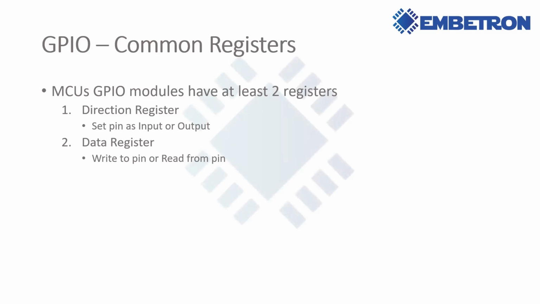Whereas in case of a push button or switch, which is an input device, to read the action that is done on the switch or push button, we have to configure that particular pin as input. So in that case, in the direction register, we have to configure it as an input. Data register, same thing. If we want to write data on any particular pin or drive the output, then mostly we set that particular pin to 1, and that's how we drive that pin high.